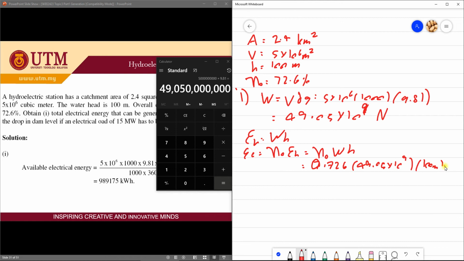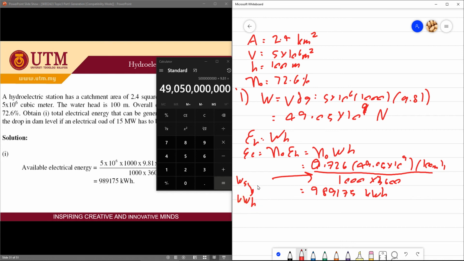Because this is watt second, you have to convert to kilowatt hour. So 1000 multiplied by 3600, you get 989175 kilowatt hour. Make sure you know how to convert this: divide by 1000, divide by 3600, just to convert watt second to kilowatt hour.